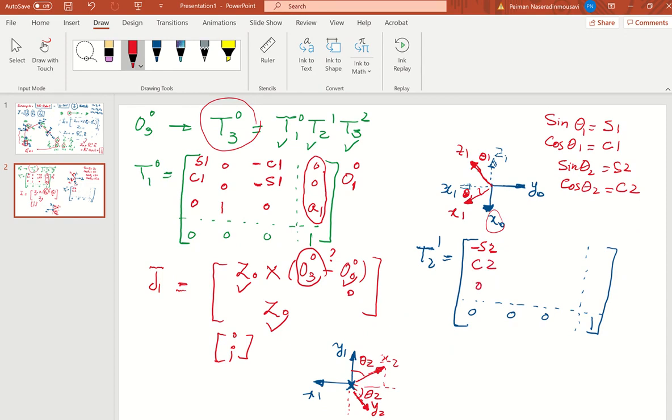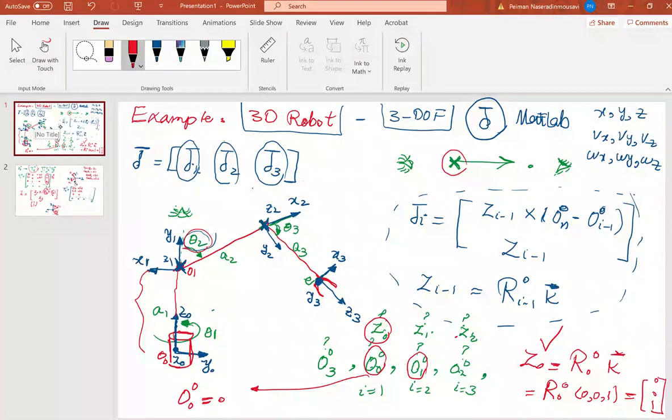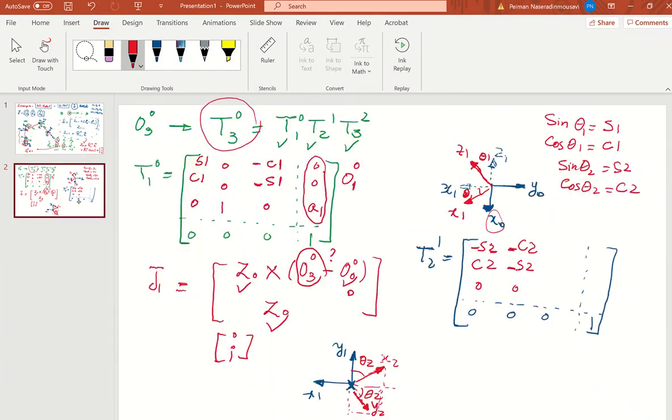Obviously this is going to be 0, the direction on Z, because Z1 is normal, inside the page. Now Y2, the projection of Y2 over X1 is going to be minus cosine theta 2, negative direction, minus sine theta 2, obviously 0. And as you can see from here, guys, Z2 and Z1 both are inside the page, so they are parallel and normal to X's and Y's, Z, Z, and 1.